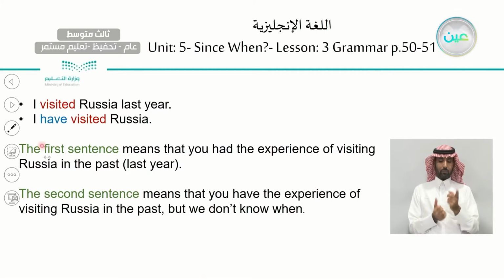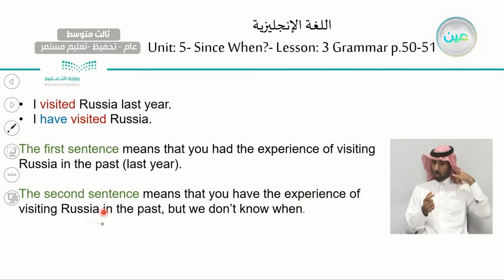The first sentence means that you had the experience of visiting Russia in the past, which is last year, and we have the specific time. The second sentence means that you had the experience of visiting Russia in the past, but you don't know when. We don't have a specific time here in the second sentence.